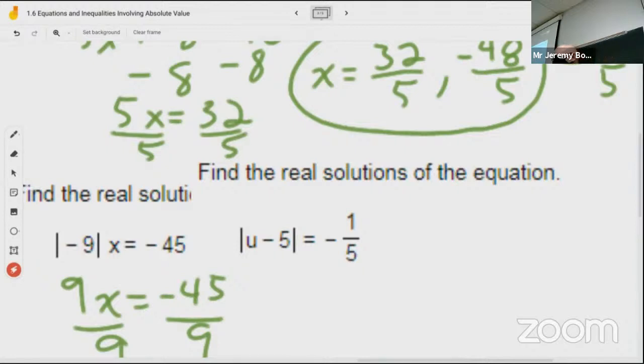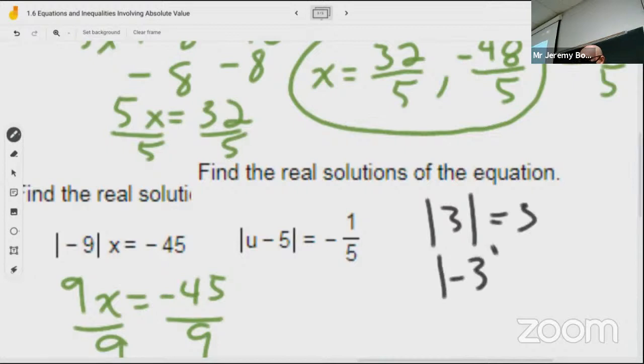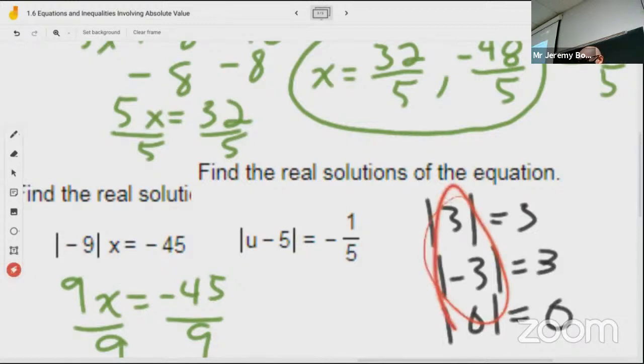No? Hey, so like if I ask you the absolute value of, well, that's a bad example because we just did 9. The absolute value of 3, right? That's 3. Absolute value of negative 3, that's going to be 3. And absolute value of 0, it's going to be 0. So anything I put in here is either going to be a positive number or 0. Doesn't matter what it is, right?